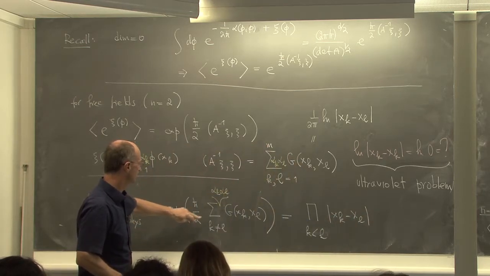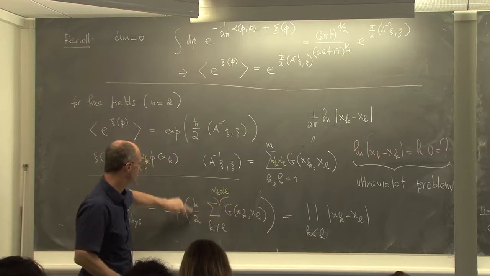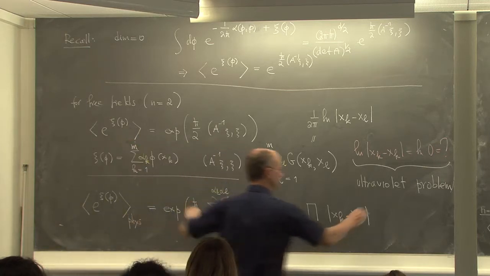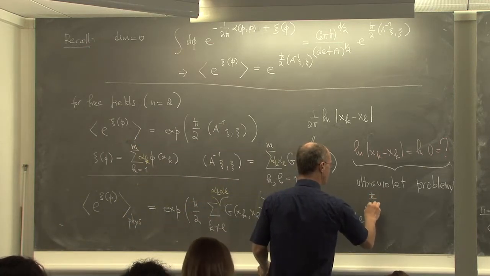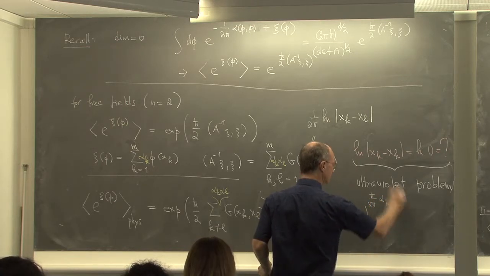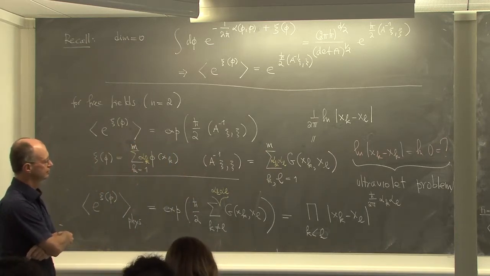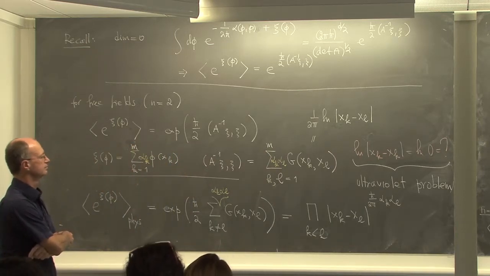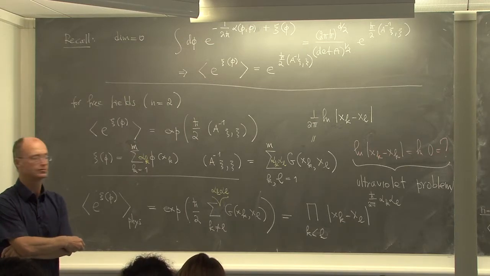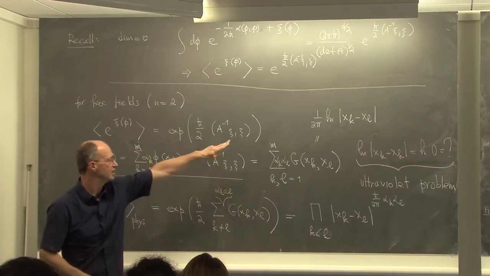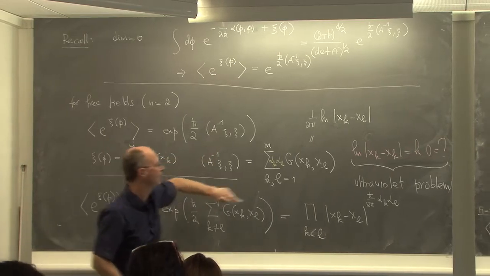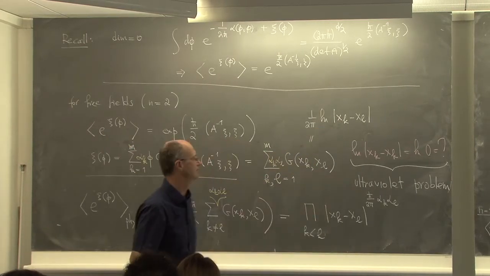What's the power? The factor of 2 will be cancelled by symmetry, so there will be h over 2 pi alpha k alpha l. That's just what it is for the Green's function that we have here.